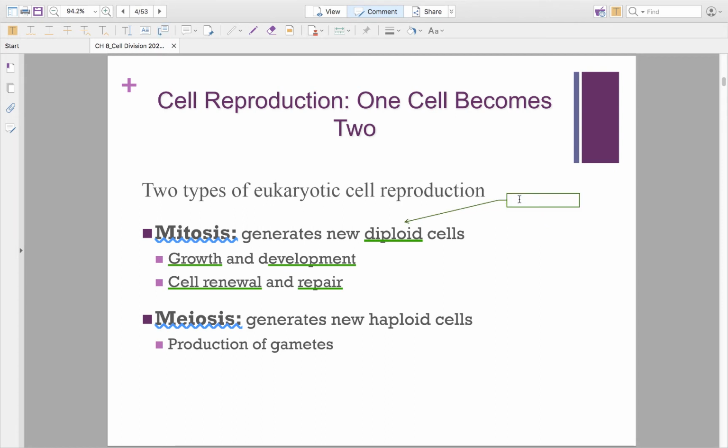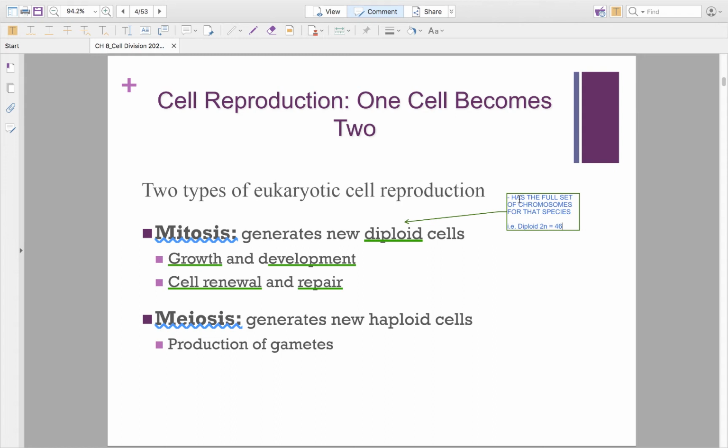Diploid means that the cell has the full set of chromosomes for that species. So let's do an example. Humans, for example, our full set is 46 chromosomes. And when we write it out, that means diploid.